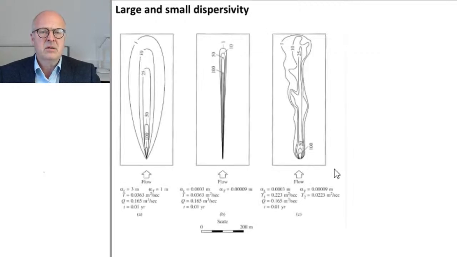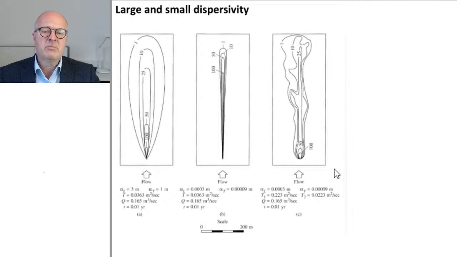The result of dispersivity, or the impact of dispersivity, is shown in these three graphs. On the left we have a normal homogeneous aquifer which has a normal ratio between longitudinal and transverse or transversal dispersivity.